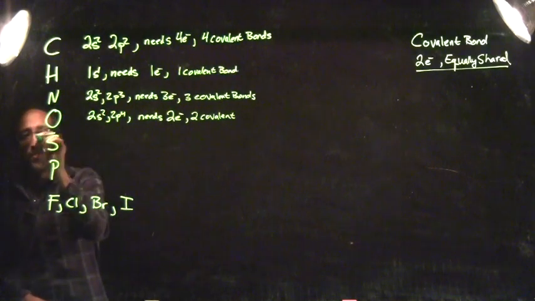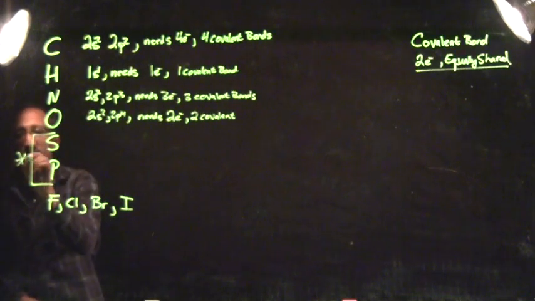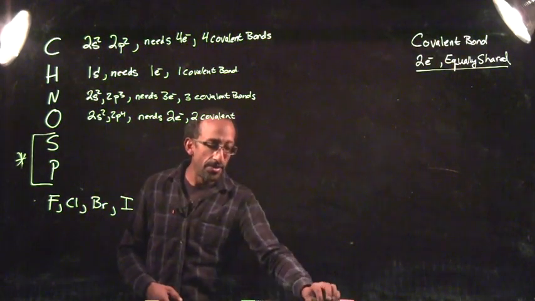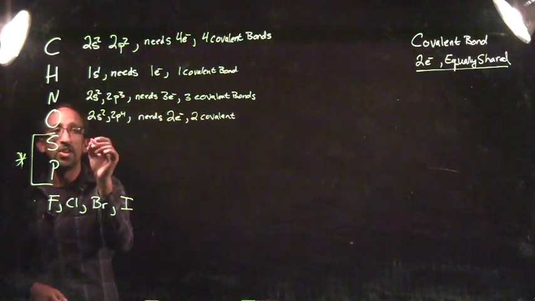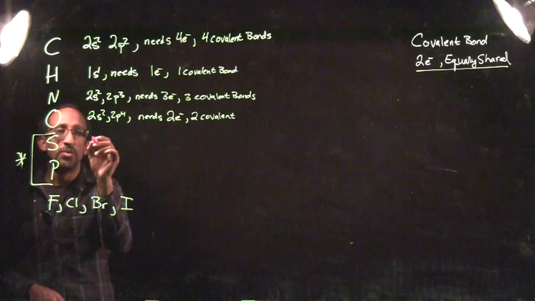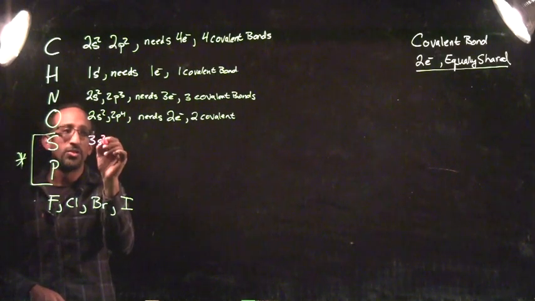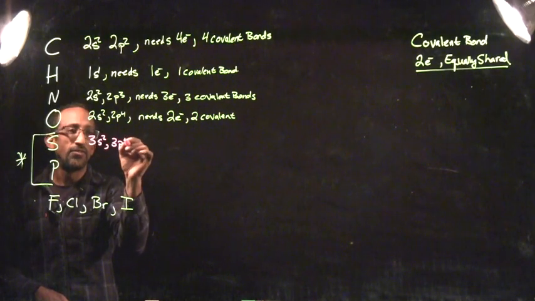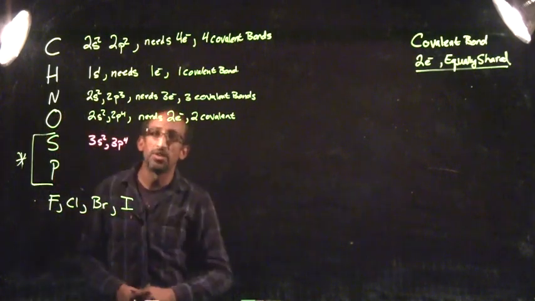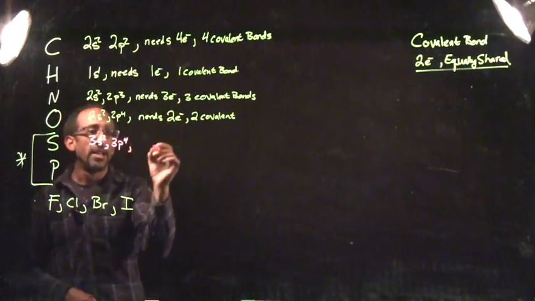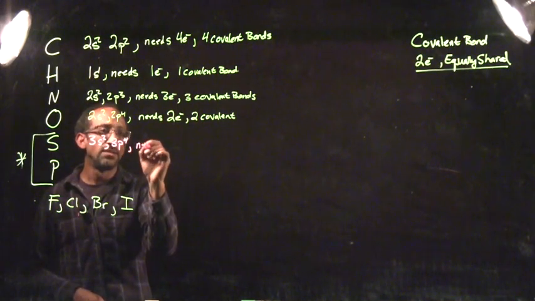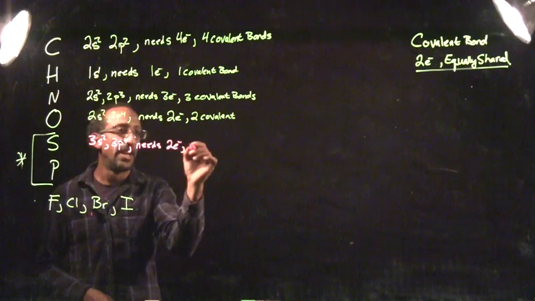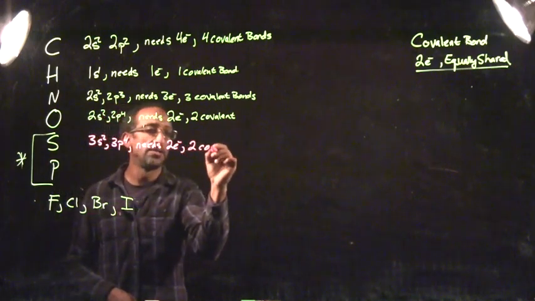Now, sulfur and phosphorus are special cases. Their valence shells are the third shell, and so for sulfur, its valence shell would be 3s2, 3p4, which is very similar to oxygen. It would like to get 2 more electrons and form 2 covalent bonds.